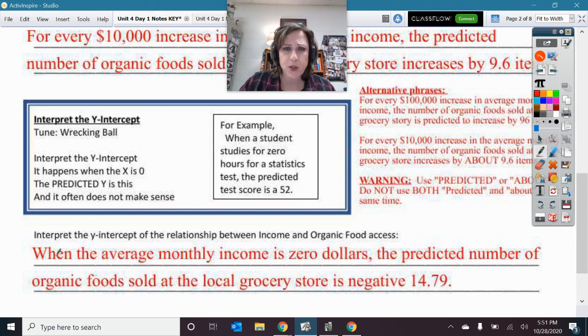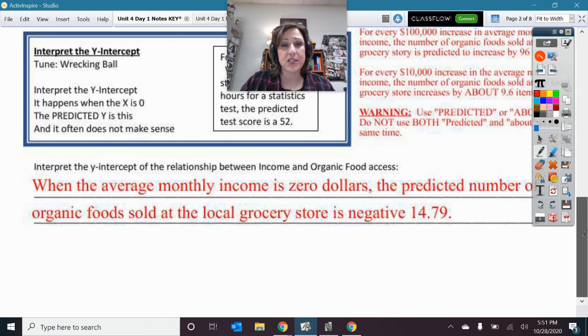So, interpret the Y-intercept: when the average monthly income is $0, the predicted number of organic foods sold at the local grocery store is negative 14.79, which doesn't make sense. Again, do not use predicted and about.